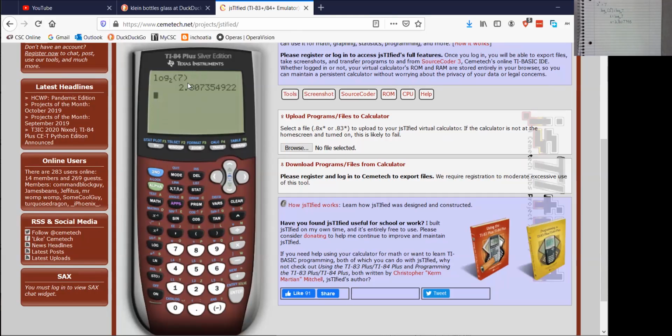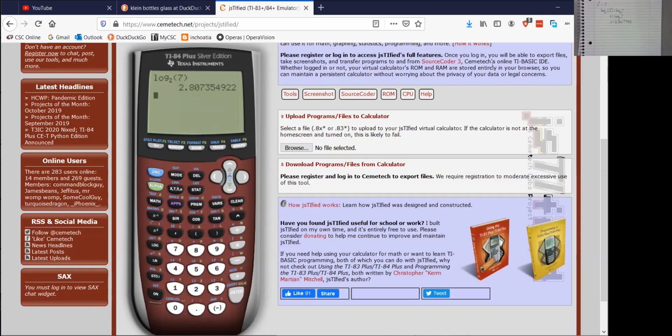Now the issue is that if you're on a TI-83 calculator, or even if you're just using a regular TI-84 calculator instead of this plus silver thing, if you go to the math menu, you'll find that this log base command isn't there.